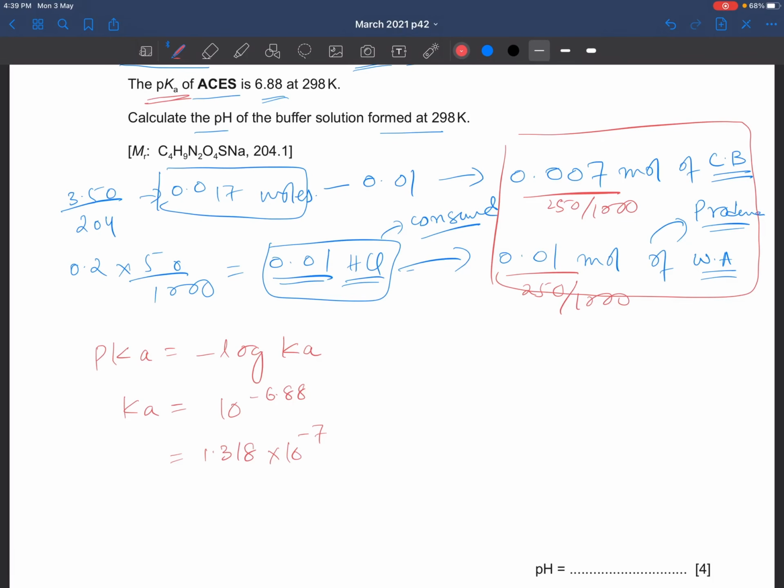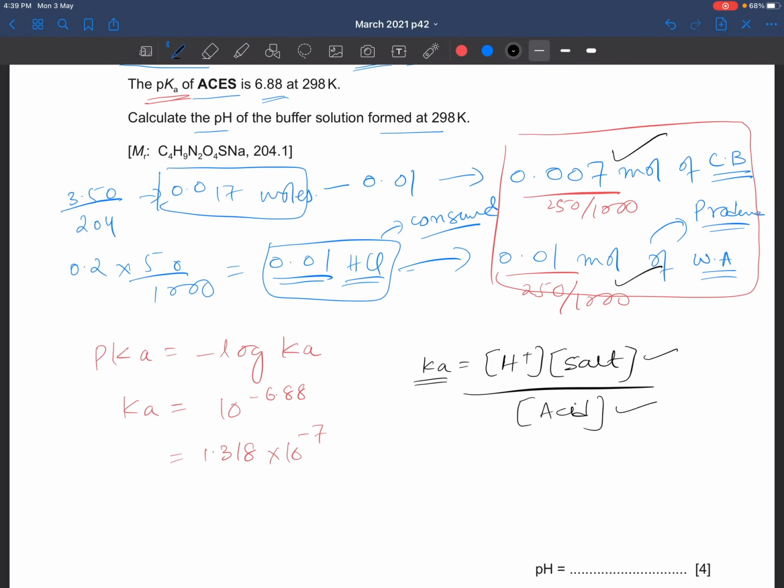Now we can calculate the H+ ion concentration by using the formula Ka equals concentration of H+ ion multiplied by concentration of salt, which you get from this one, divided by concentration of acid, which you get from this one. And we have the Ka value, the concentration of salt, and the concentration of acid.